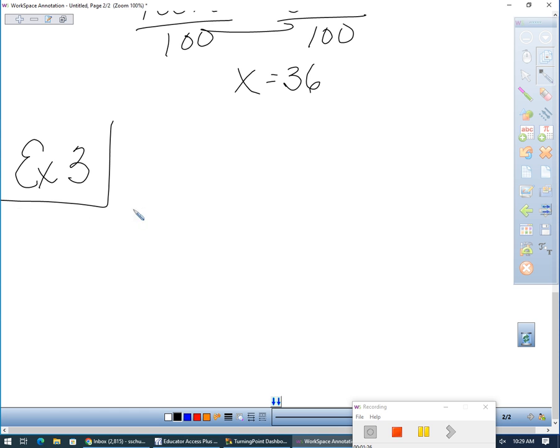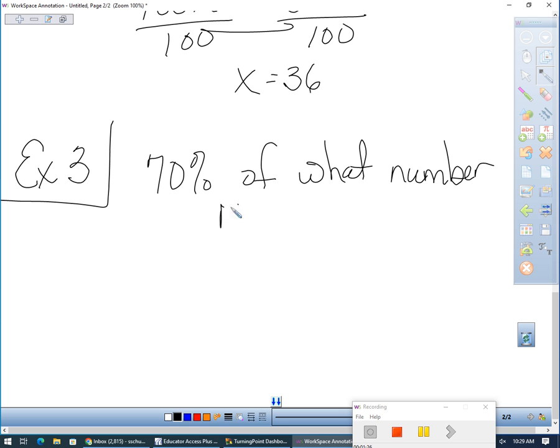What if I said to you, 70% of what number is 15? Again, our first ratio is percent over 100.